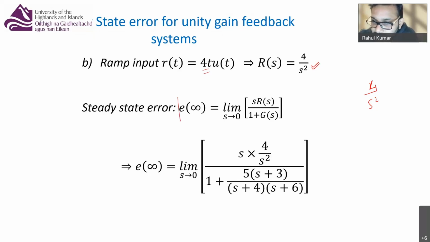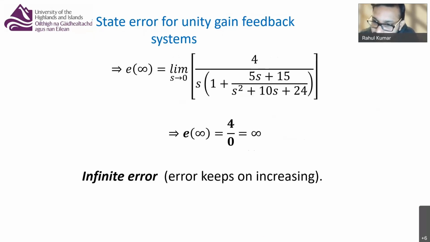Again we know the formula for steady state error. I will just replace R of s by 4 over s square, and G of s is also given. Substitute all the values in the given formula, and then same thing, apply the limits. After substitution and a little bit of simplification, I'll end up getting this value here.